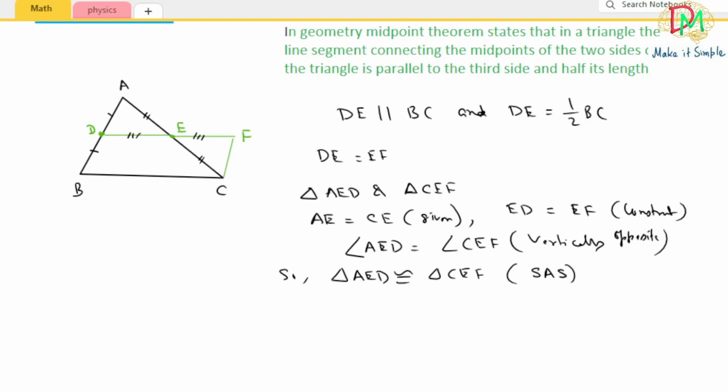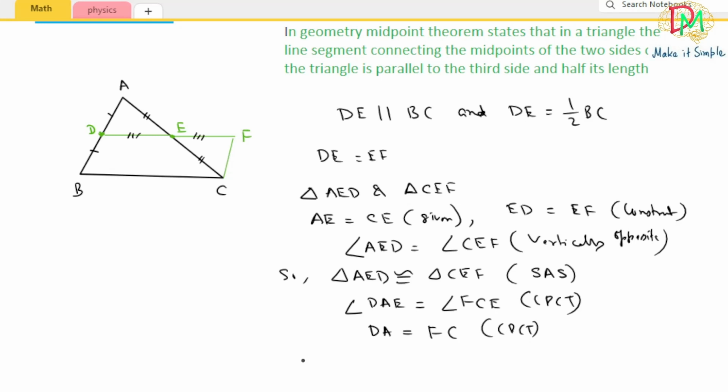So from this congruent triangle, angle DAE is equal to angle FCE, CPCT, and AD or DA is equal to FC, CPCT.